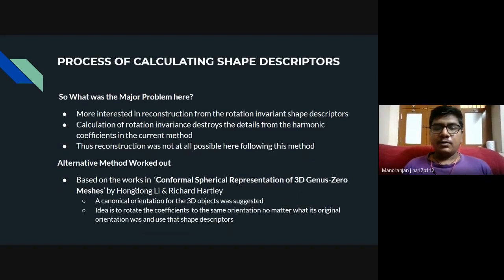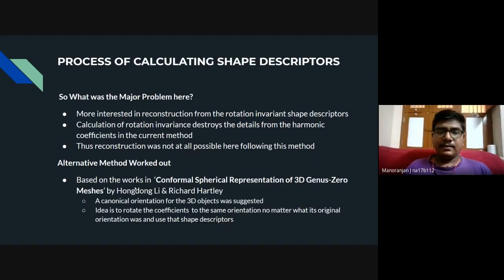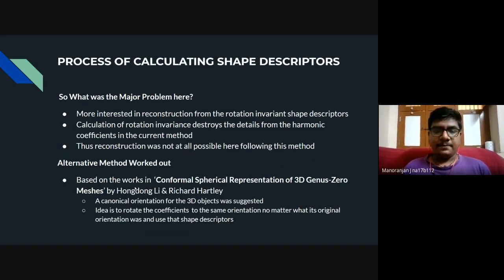So no matter what the orientation is, no matter what the particular harmonic map of an object is, we will get the same shape descriptor when we rotate it to a canonical orientation, and the angle by which we need to rotate is given by the algorithm that he has suggested.